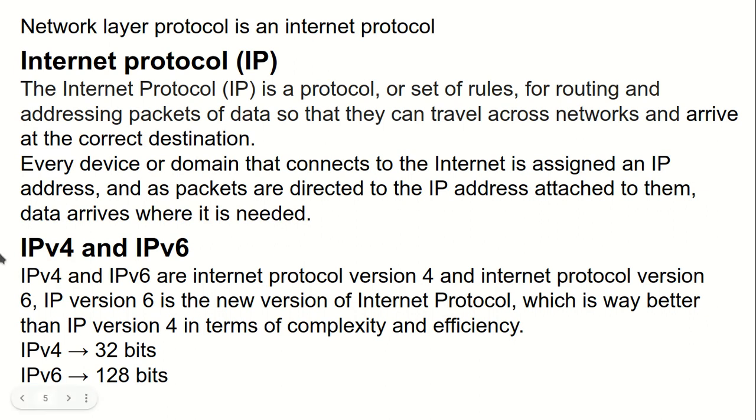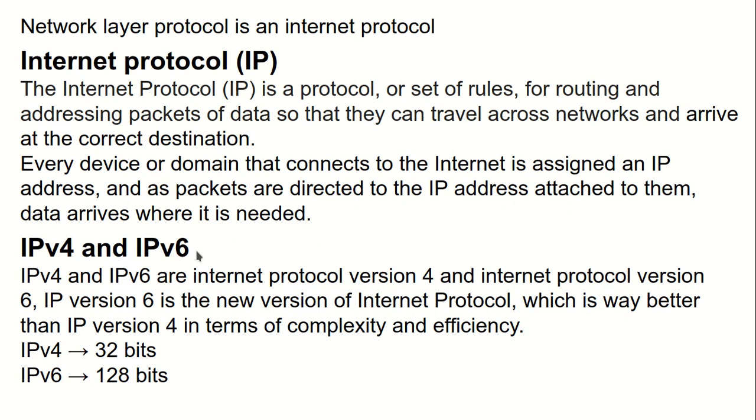IPv4 is not fulfilling the needs of connectivity, as many computers, mobile phones and laptops are connected to the internet nowadays. IPv4 has a limitation that it will not accept more devices.